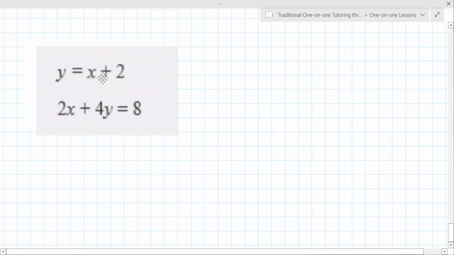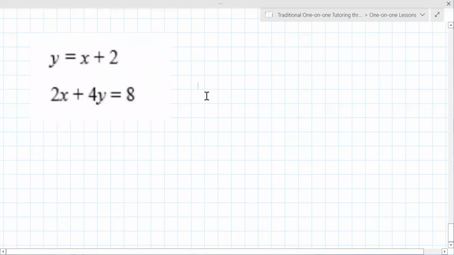All right, so here's a system of equations. What method do you think is the best to solve this system the way it's presented here?